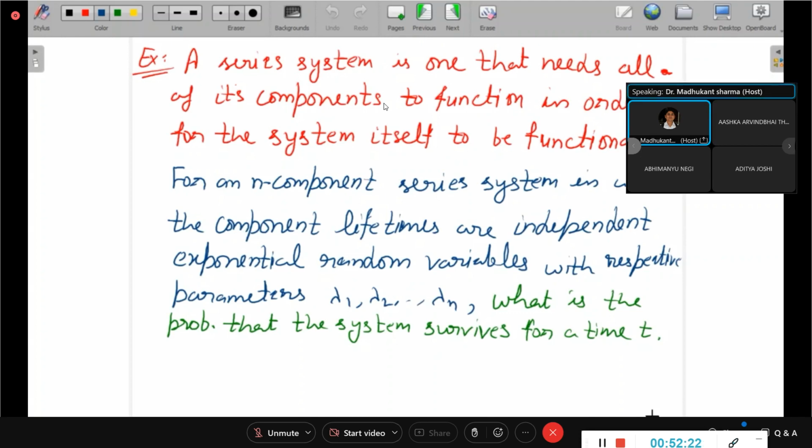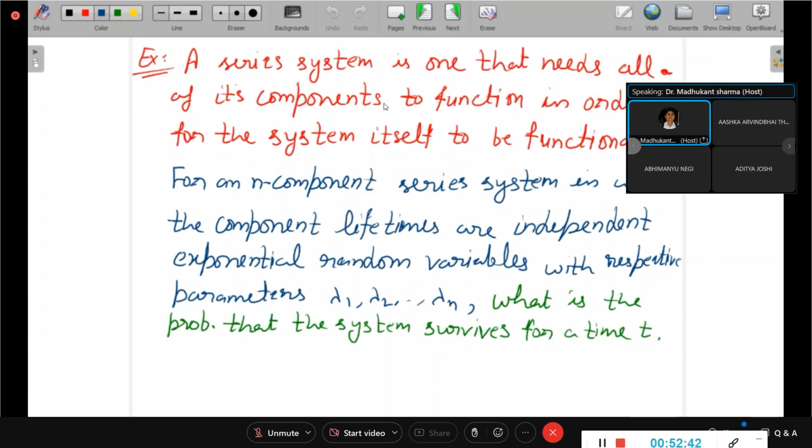Again you have to see, each ith component corresponds to the xi random variable, the lifetime of the ith component.